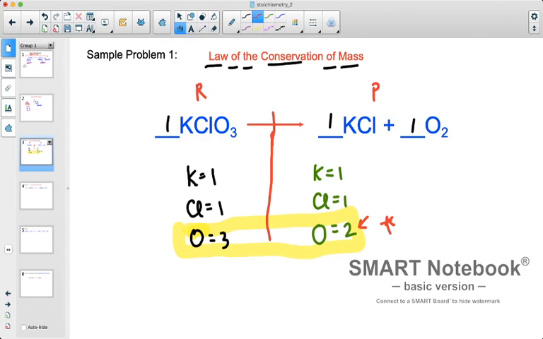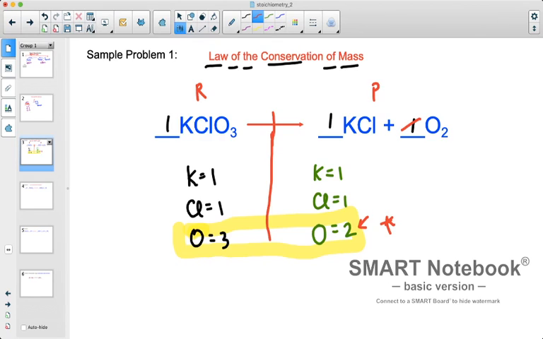The first thing I'm going to do is change my coefficient. I have to change it to some number in which I can even out the number of oxygens on the left-hand side. Now 2 and 3 don't evenly match, so I need to come up with a common number. If you are lost, you can just change the coefficient to 2 and see what happens. But I know that the common number between 2 and 3 happens to be 6.